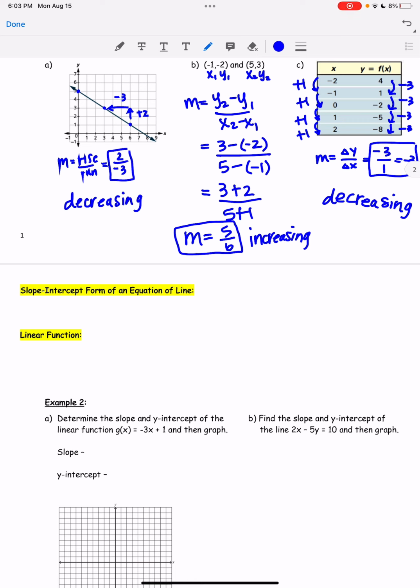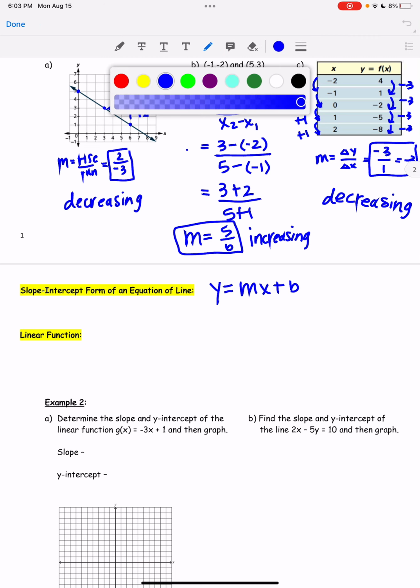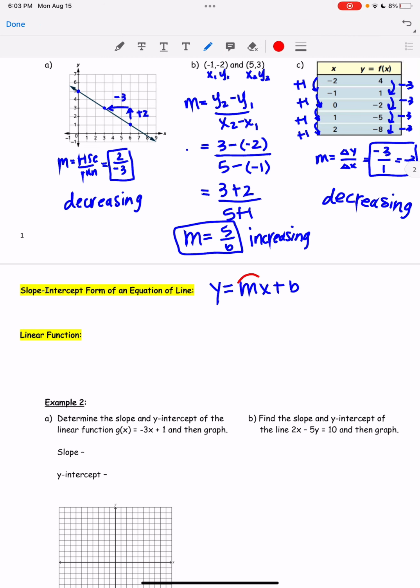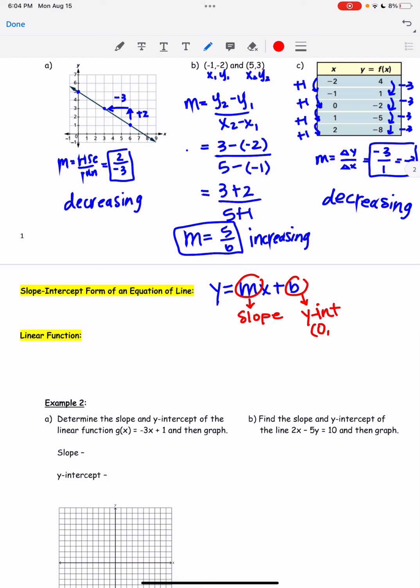Slope-intercept form of a line is y equals mx plus b, where your m represents the slope, and your b is your y-intercept. And your y-intercept can be written in the form of 0, b, b being a number.